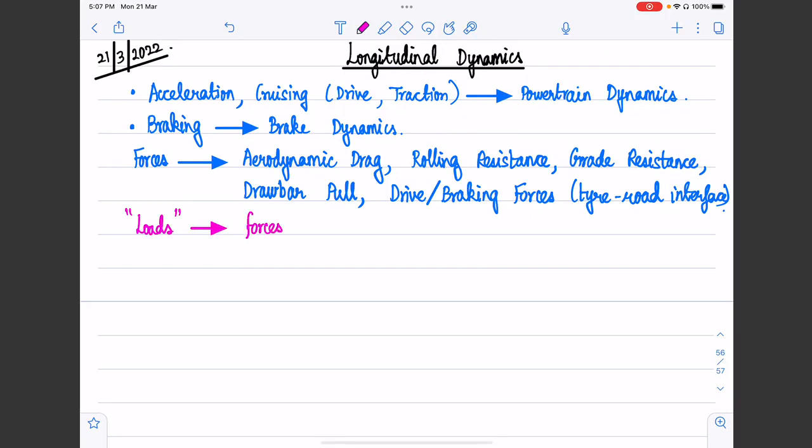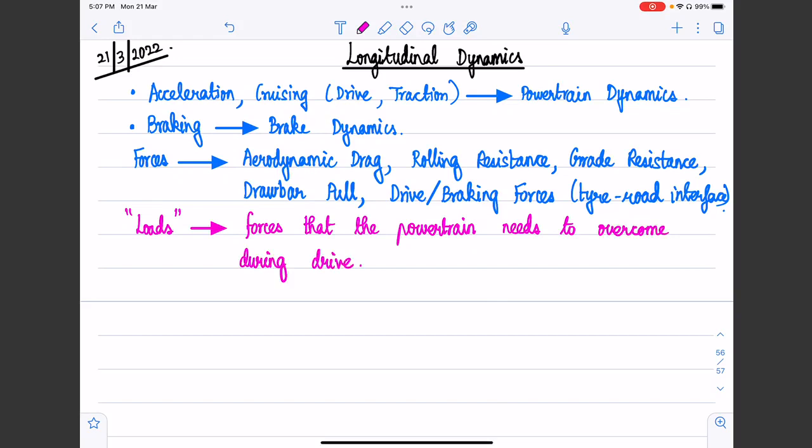These are indicative of the forces that the powertrain needs to overcome during acceleration or drive motion.